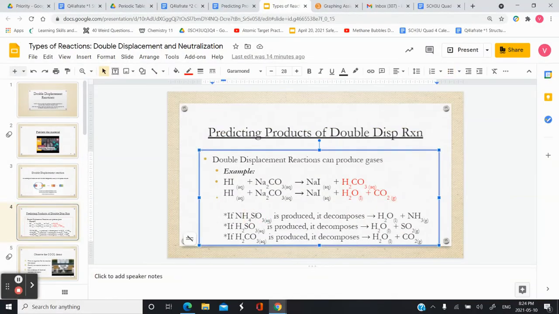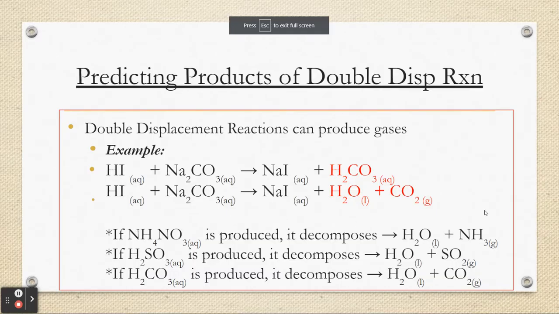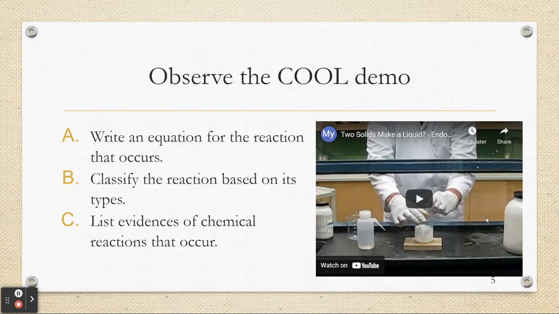So this is NH4NO3. There you go. That will break down to form some water and some ammonia, and that's the gas that's produced there. And if you see H2CO3, as we saw, that's water and carbon dioxide. So you can see that it's water every single time, liquid, and then the gas is what's different for each one of these. In this one in particular, you'll smell a strong odor, which is the ammonia odor. So we'll take a look at some examples of that.